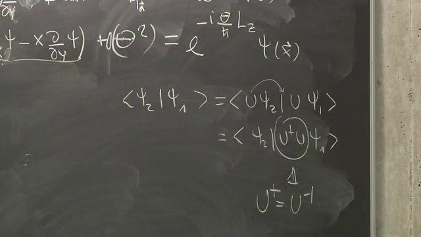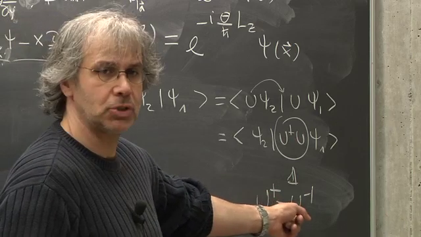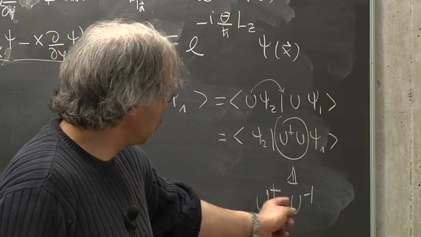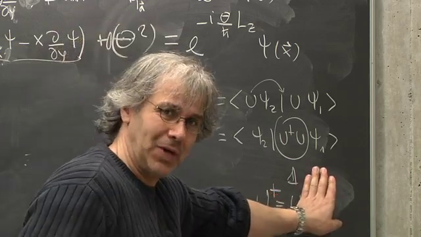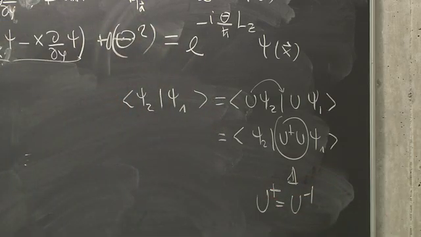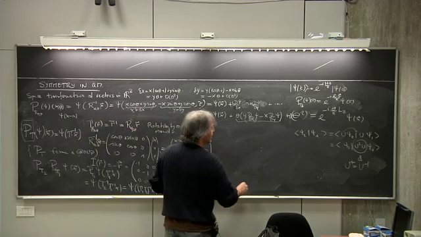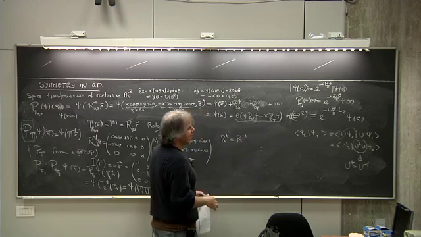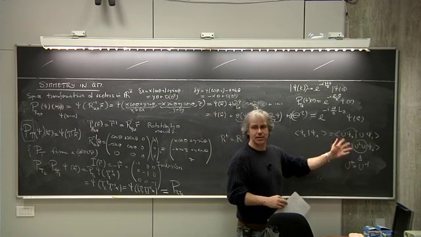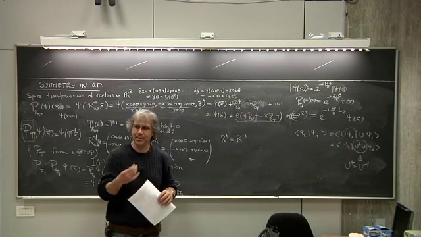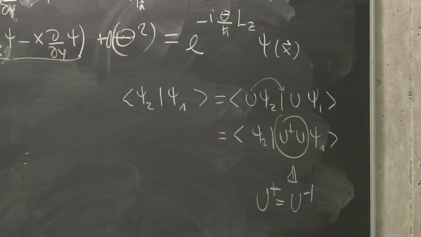So unitary operators are operators whose Hermitian conjugate is equal to the inverse. They shouldn't be confused with the Hermitian operator, where the Hermitian conjugate is equal to the operator itself. It's a bit like the rotations. I wrote before that for the rotation, the transpose is equal to the inverse. Now, rather than the transpose, you have to take the Hermitian conjugate, which is transpose and star for matrices.